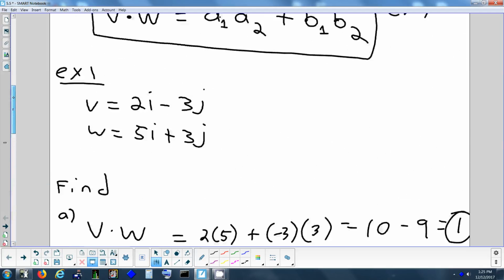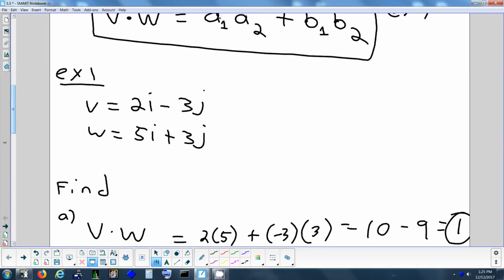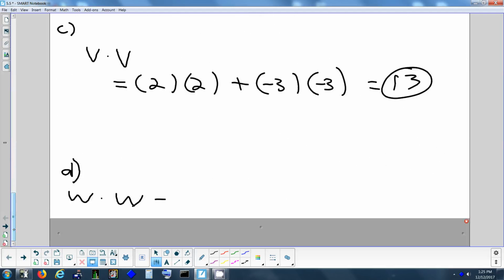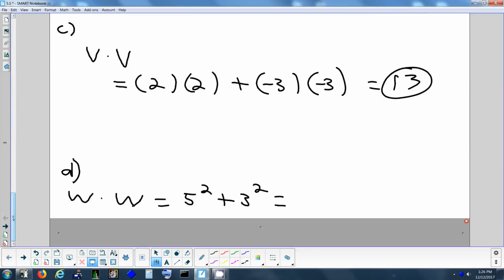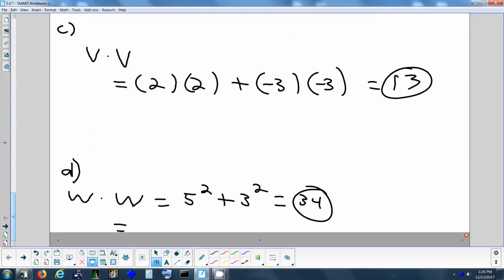w dot w. Okay, how would you do that one? So 5 squared plus 3 squared. The only thing you're not doing is taking the square root. So 5 squared plus 3 squared gives me 25 plus 9 equals 34. So dotting a vector with itself is kind of like finding the magnitude, but that's actually the magnitude squared.